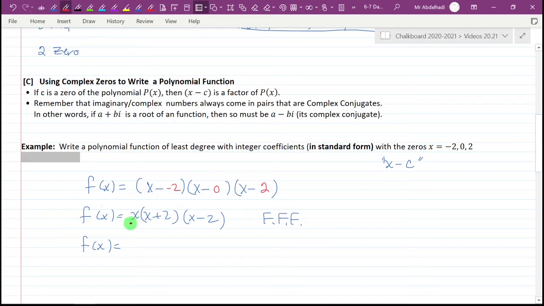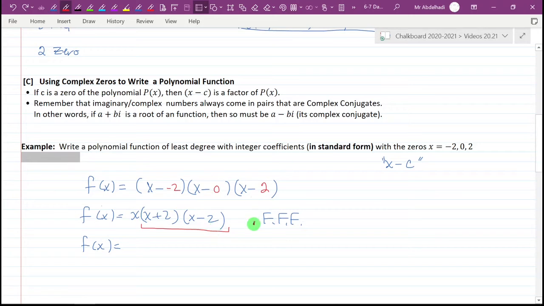So either you can multiply, let's say, the first 2 here, or I think there's a little bit of a shortcut here. These 2 are conjugates. You see this? X plus 2, x minus 2, those are conjugates. And if you have conjugates, they multiply faster. You don't have to do the full first, outside, inside, last thing. With conjugates, you just have to do first times first and last times last, because the middle terms all cancel out.